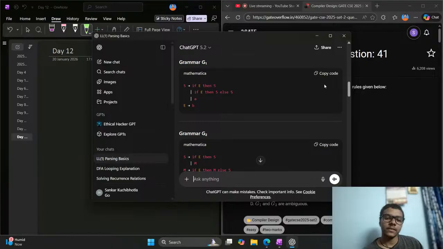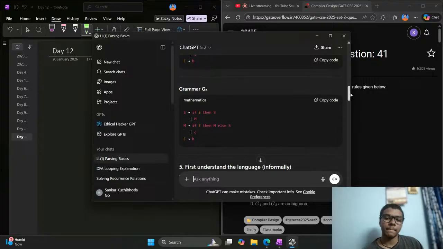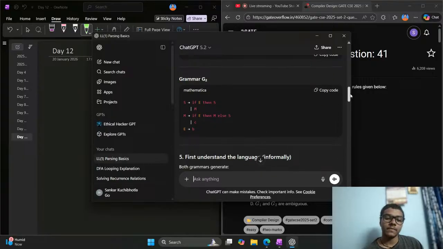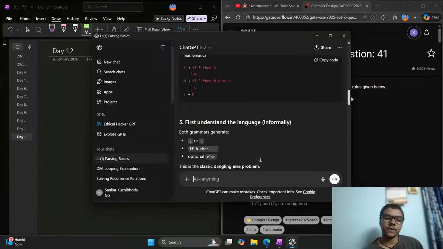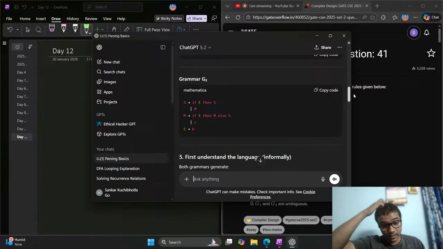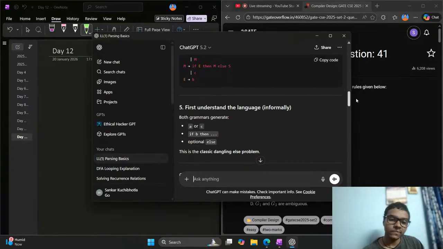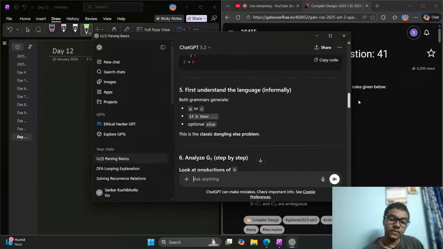If E then S, if E then S else S. First understand the language. Both grammars generate if B then A or C. It's a classic dangling else problem.